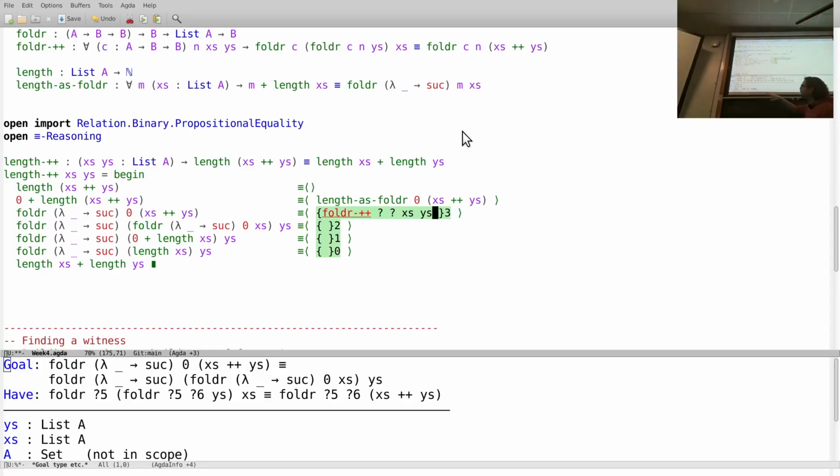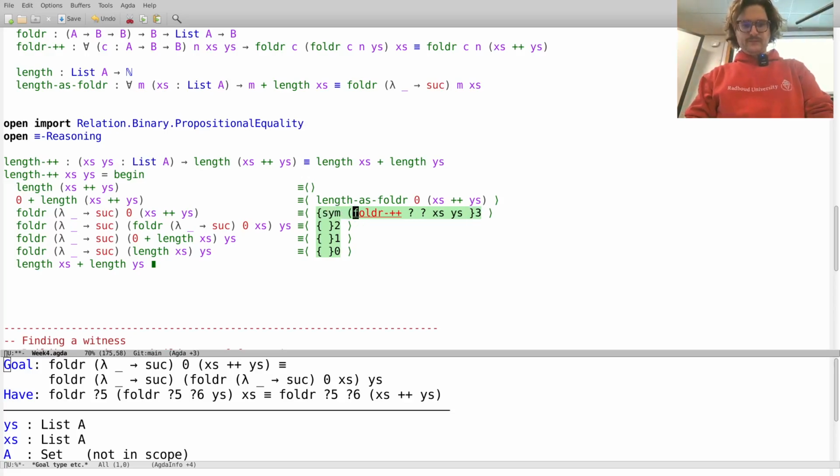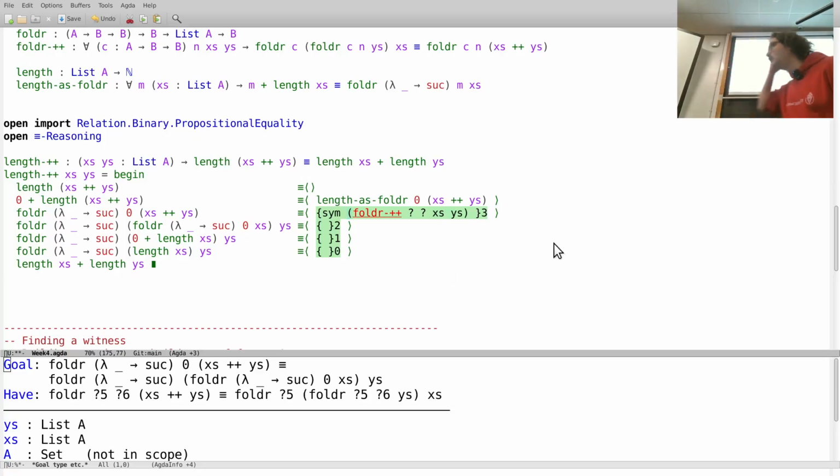If you look at what we have and what we want, the problem is, first of all, it's in the wrong direction, so I can use symmetry. Now it's in the right direction. I have a folder of X's append Y's, with some function and some base case, except that here we have the y's on the outside and the x's on the inside.